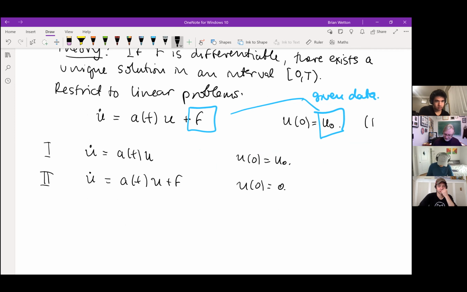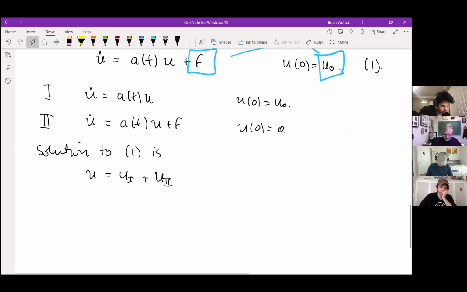And if I call the full problem problem one, then the solution to problem one is just the sum of those two. Now, you've seen this before, right? This is something that should be quite familiar to you for linear problems. This is the homogeneous solution, and this is a particular solution.